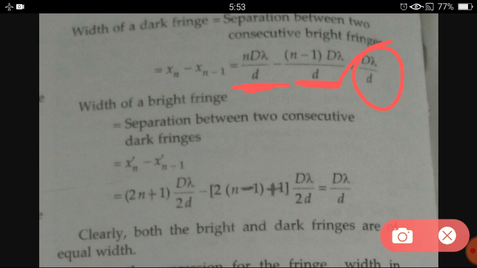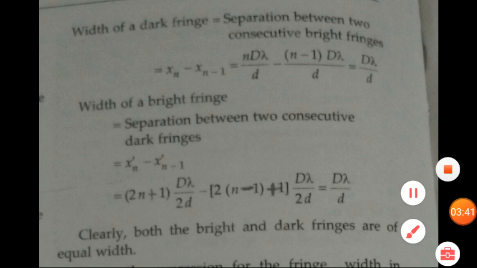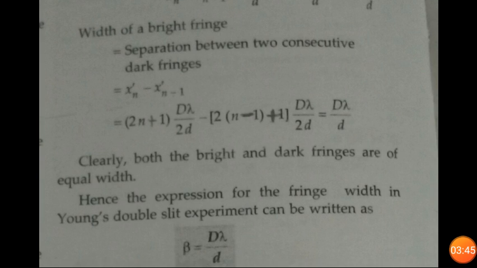Similarly, if we have to find out the width of the bright fringe, we will find out the separation between two consecutive dark fringes. Here we have the formula (2n plus 1) d lambda upon 2d minus (2(n minus 1) plus 1).